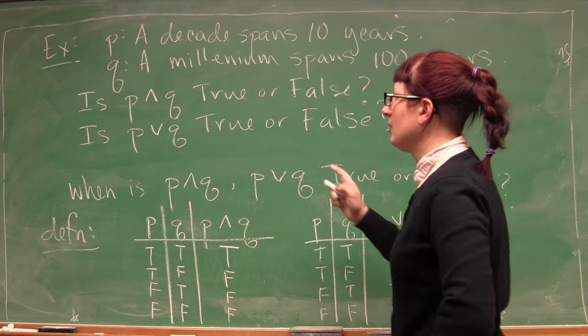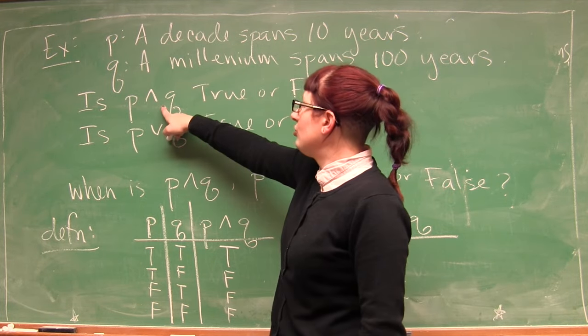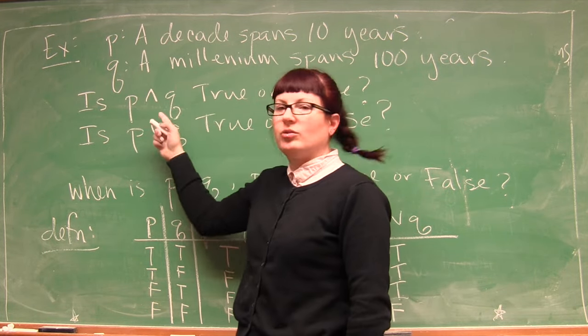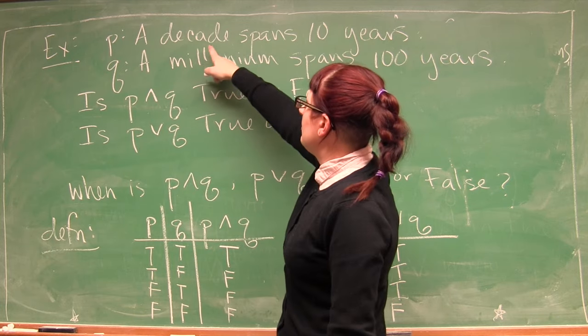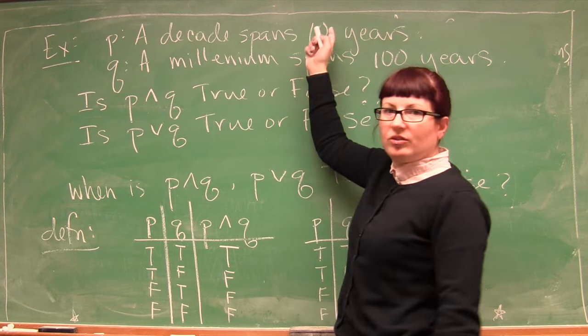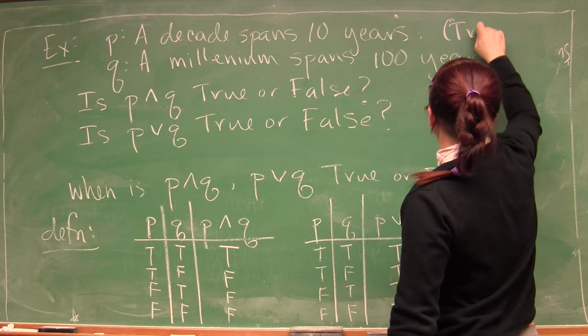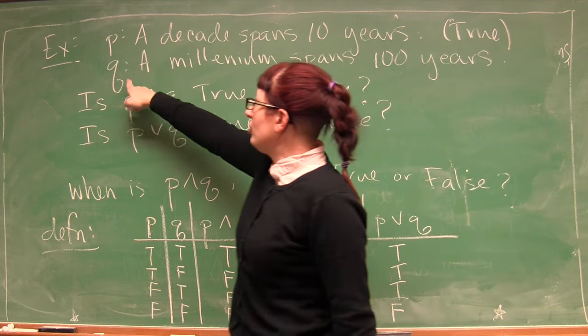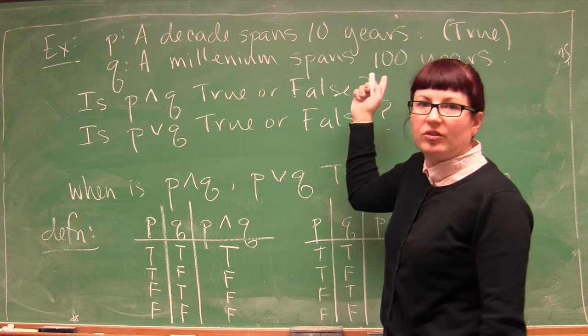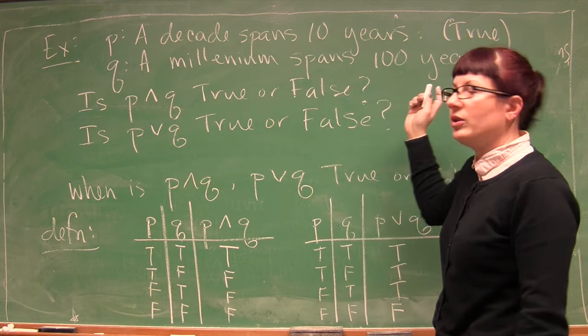Okay, well, P and Q is true if both P and Q are individually true. The statement P, a decade spans 10 years, this is true. This proposition Q, a millennium spans 100 years, is false. A millennium spans 1,000 years.